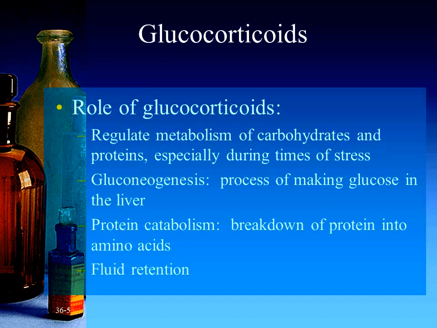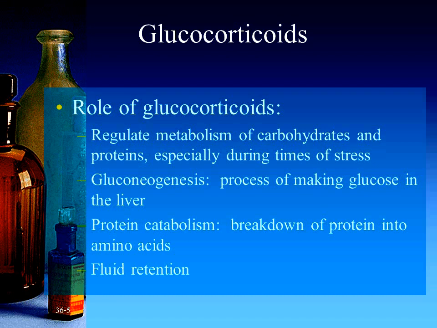Gluconeogenesis is the process of making glucose in the liver. It takes products from the liver and turns them into new glucose from glycerol and amino acids, and then puts it into the bloodstream. So that's the process of gluconeogenesis: converting amino acids or glycerol into glucose, then putting it into the bloodstream.